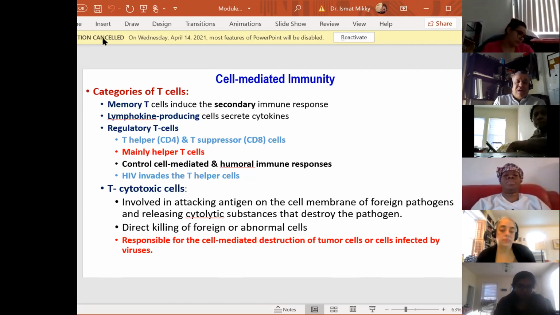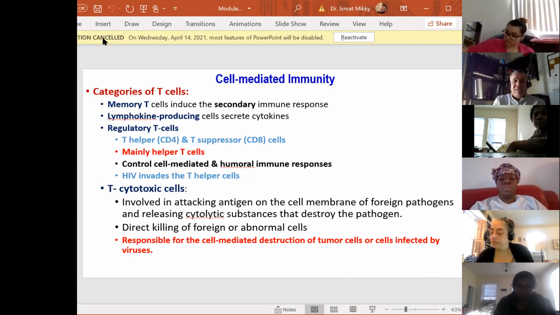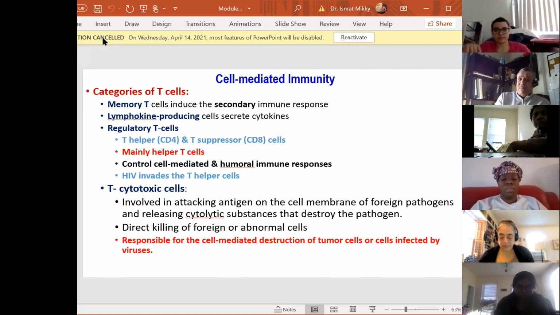And that's why the patient will have a significant decline in the CD4 count. The CD4 count is supposed to be between 600 up to 1200 in a healthy person. Half of that amount should be the CD8 count.